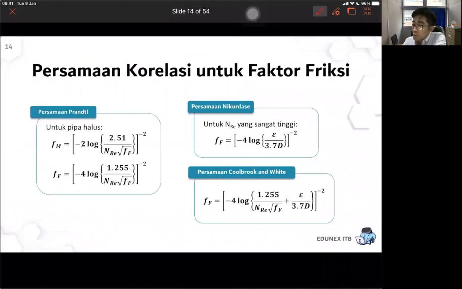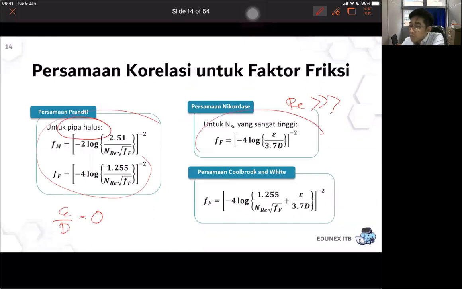First, use the empirical equation, but the empirical equations need to satisfy the requirements. For example, this one is only for the smooth pipe. Smooth pipe means epsilon is 0. Or if the Reynolds number is very, very high, you can use this equation.